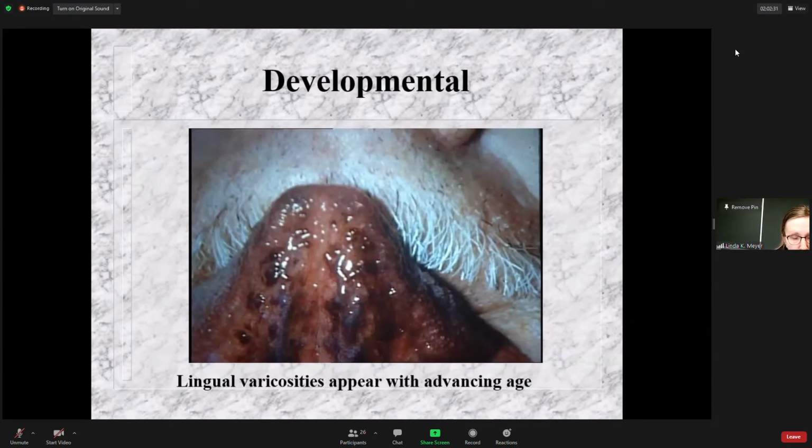Lingual varicosities are more common in older patients. You'll see them more frequently in a geriatric population, not a younger population, but they are examples of deviations that occur during our normal pattern of growth.